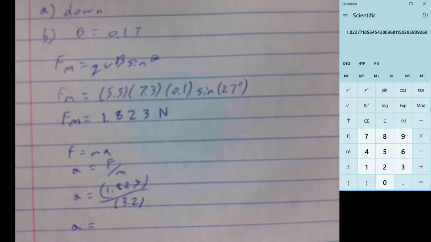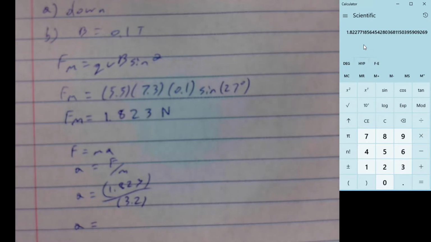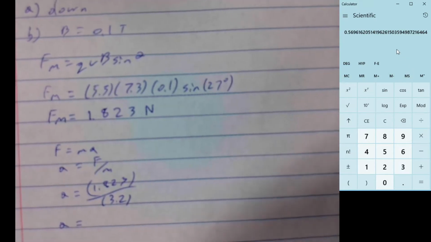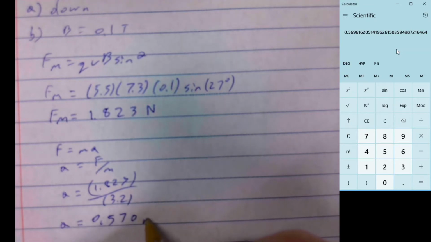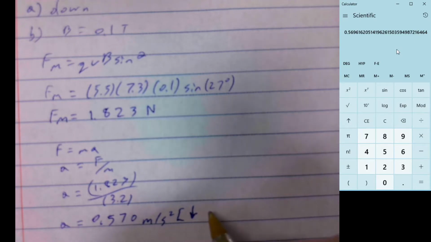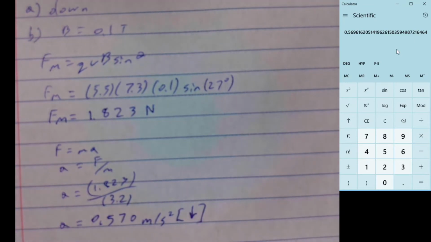So I take this value here, divide it by 3.2, and I have my acceleration. So I'm going to store this value now, and I'll write it with 3 decimal points: 0.570 meters per second squared down. So now I know my acceleration.